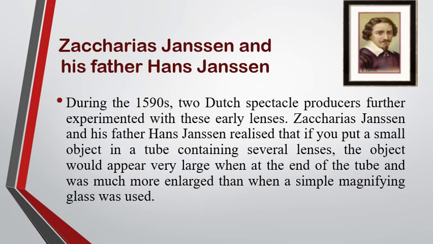But he observed that if one put a small object in a tube containing several lenses, the object would appear very large, much more enlarged than when a simple magnifying glass was used.